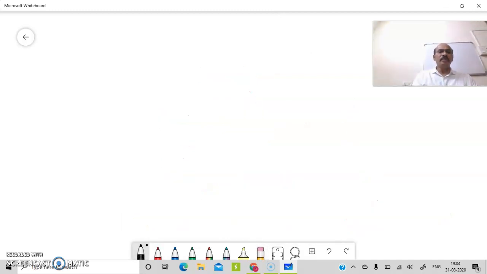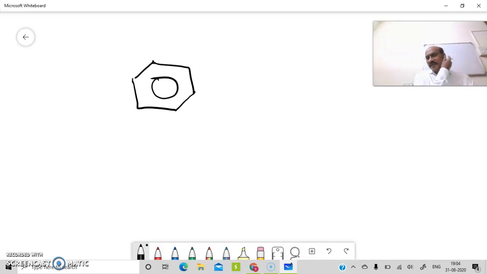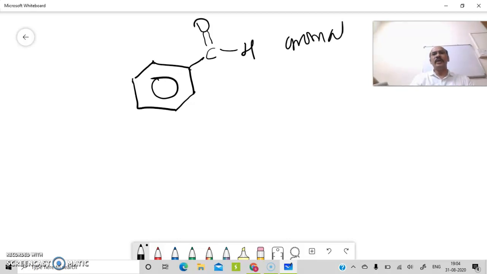Okay, for aromatic compounds, we cover derivatives of benzaldehyde as per our syllabus. So it is benzene, and if that benzene's carbon is directly connected to the aldehydic group, the compounds are called aromatic aldehydes.